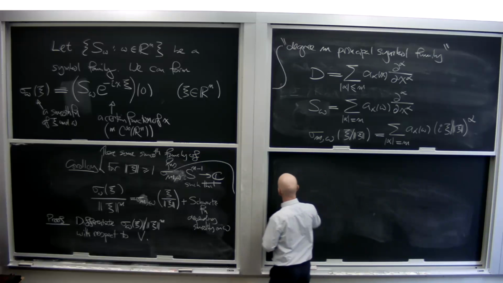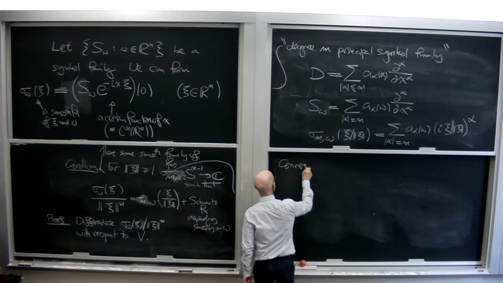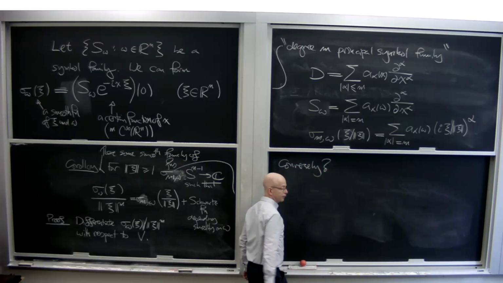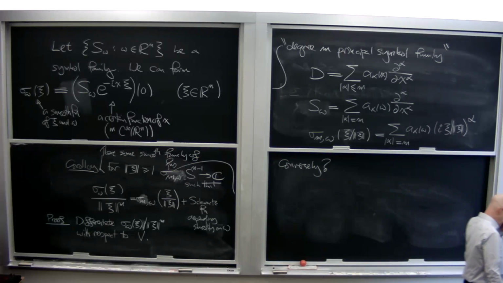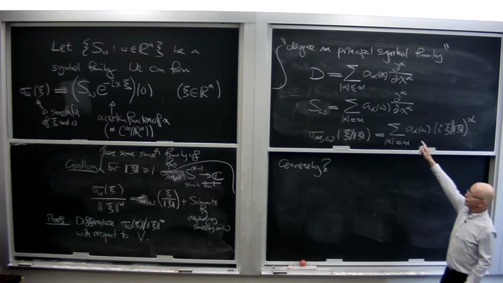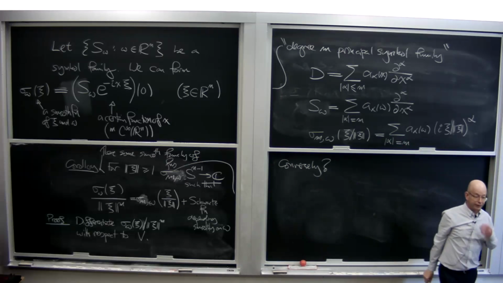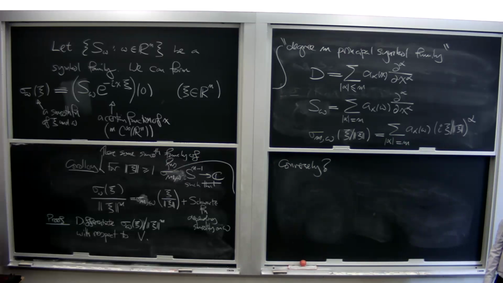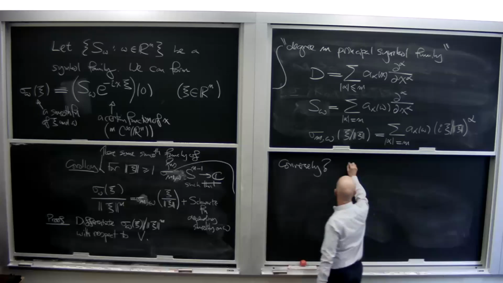There's a sort of converse question that you might want to ask, which is, given a symbol function σ_m(ω), a principal symbol, a degree m symbol family, can you find an operator which it comes from?